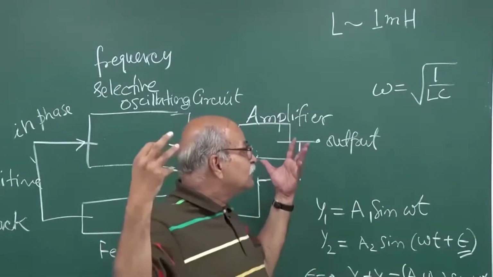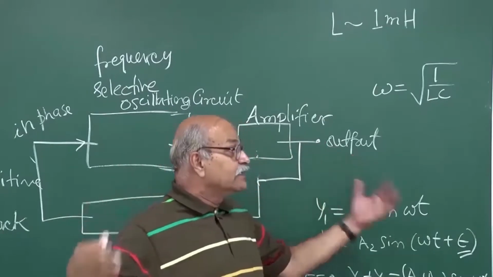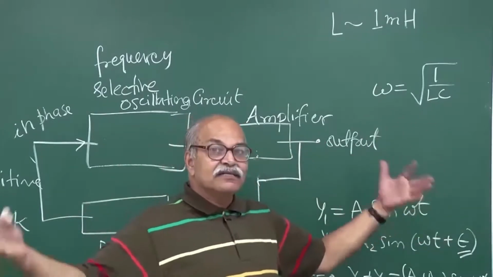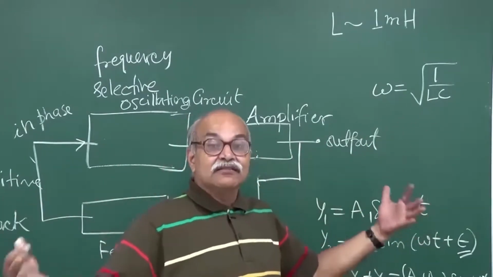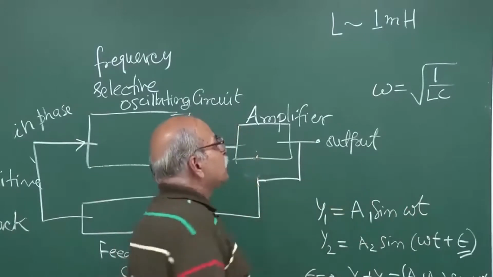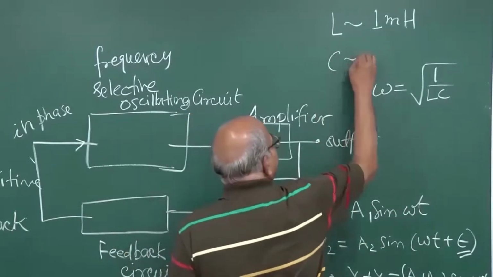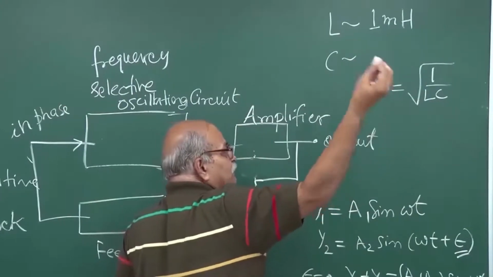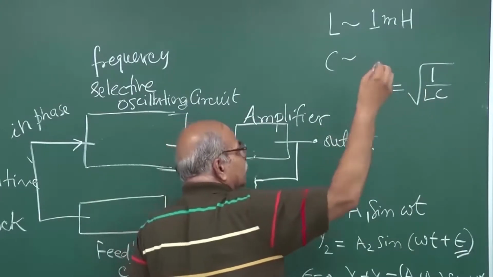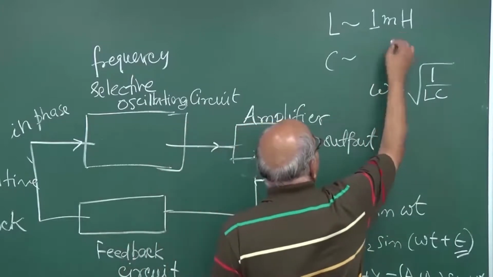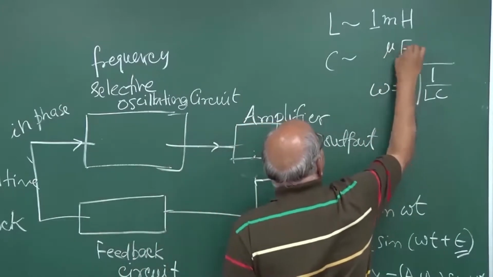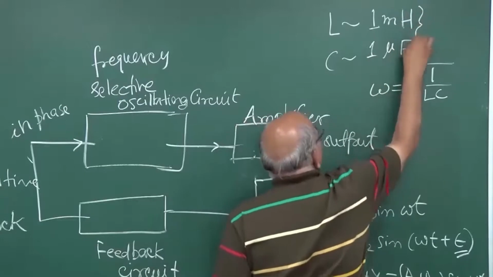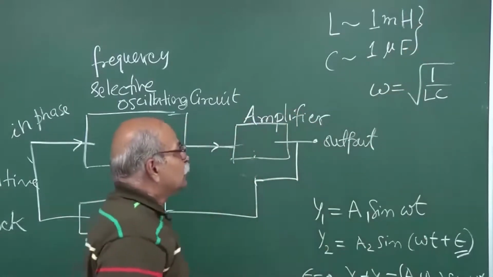You do not have inductors in henries. If you want to make inductors in henry, it will be very bulky. And similarly, the capacitance is typically in microfarads, 100 microfarad, 10 micro or 22 microfarads, like that. So this is in microfarads. So let us say start with 1 microfarad. So what will this be?